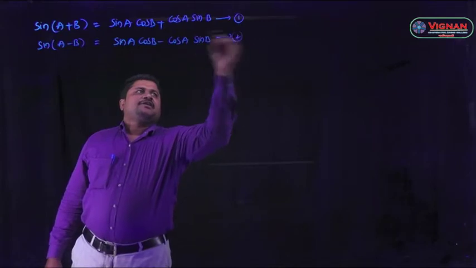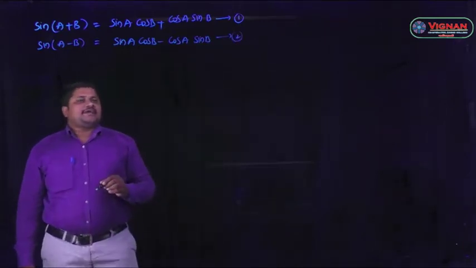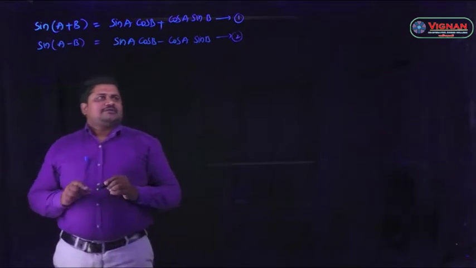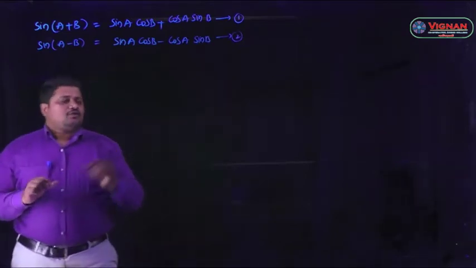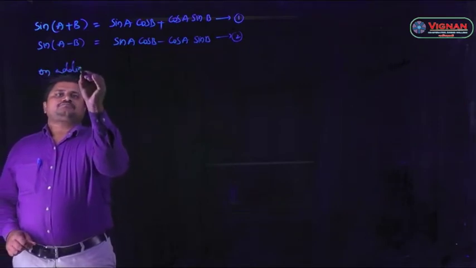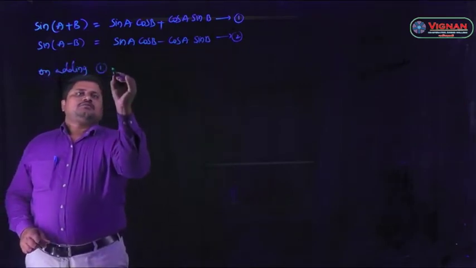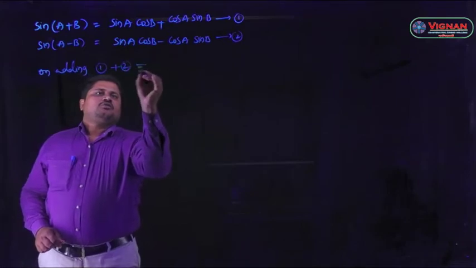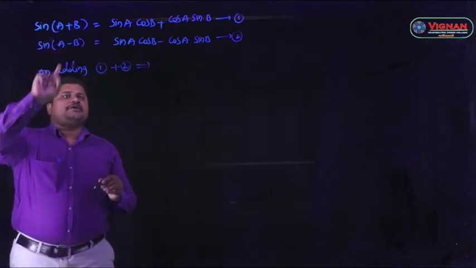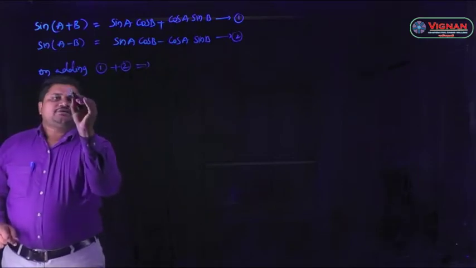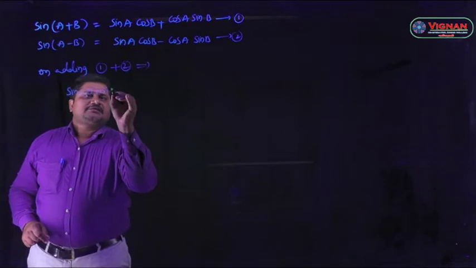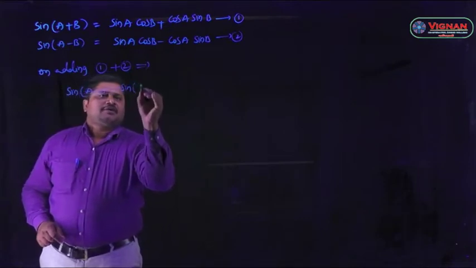You already know this formula from compound angles. This is equation 2. Next, on adding 1 plus 2, we get sin of a plus b plus sin of a minus b.